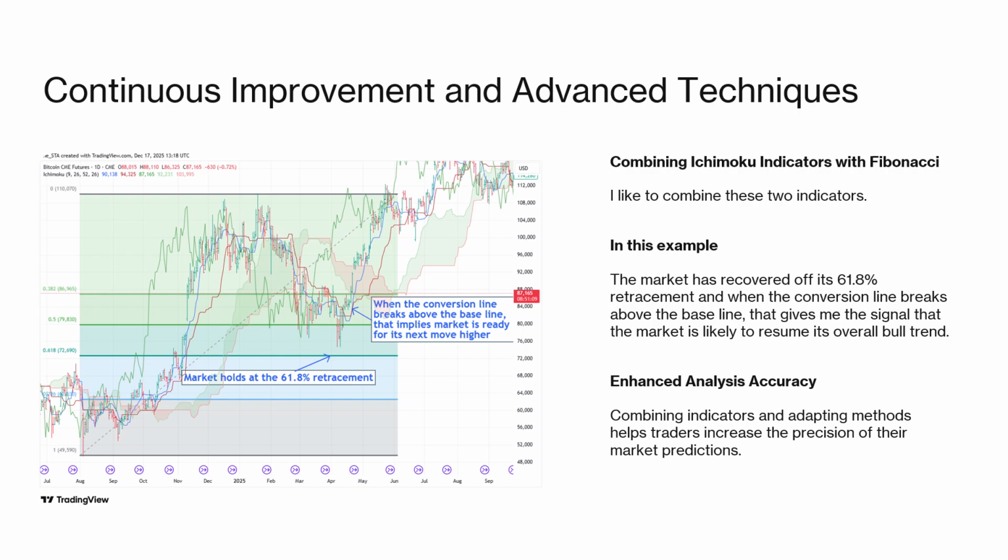Now, if you then apply the cloud system and use it to watch for the turning line breaking above the baseline, that will give you an early indicator that probably that retracement level is going to hold and the market is ready for its next move higher. So that I find is a really effective way to use the cloud system.